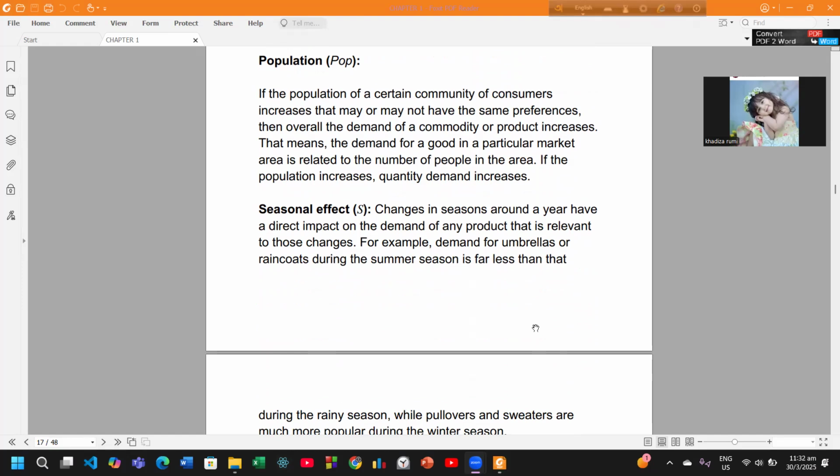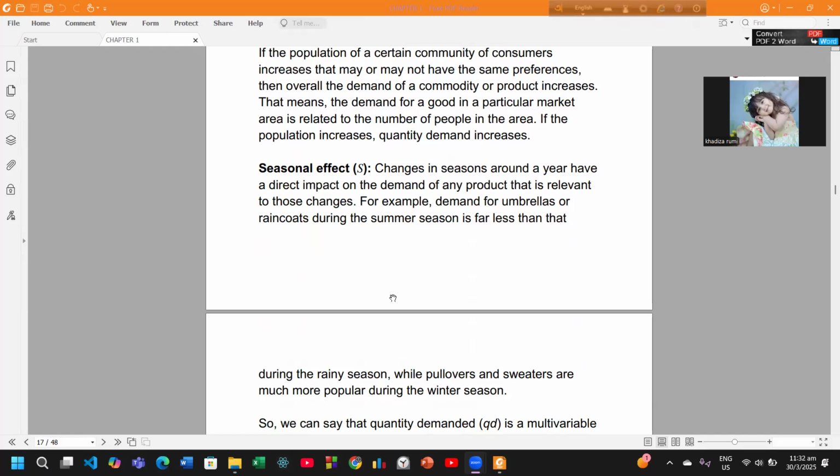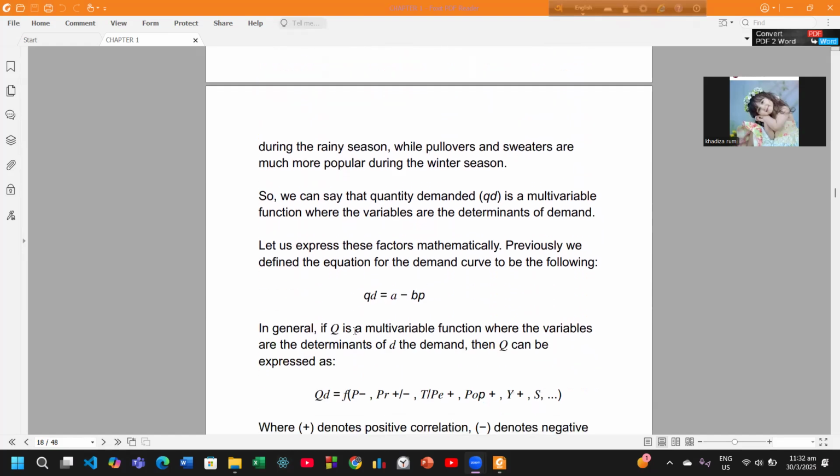Change in seasons around the year has a direct impact on the demand for any product relevant to those seasons. For example, demand for umbrellas or raincoats during the summer vacation is far less than during the rainy season, while pullovers and sweaters are much more popular during the winter season.